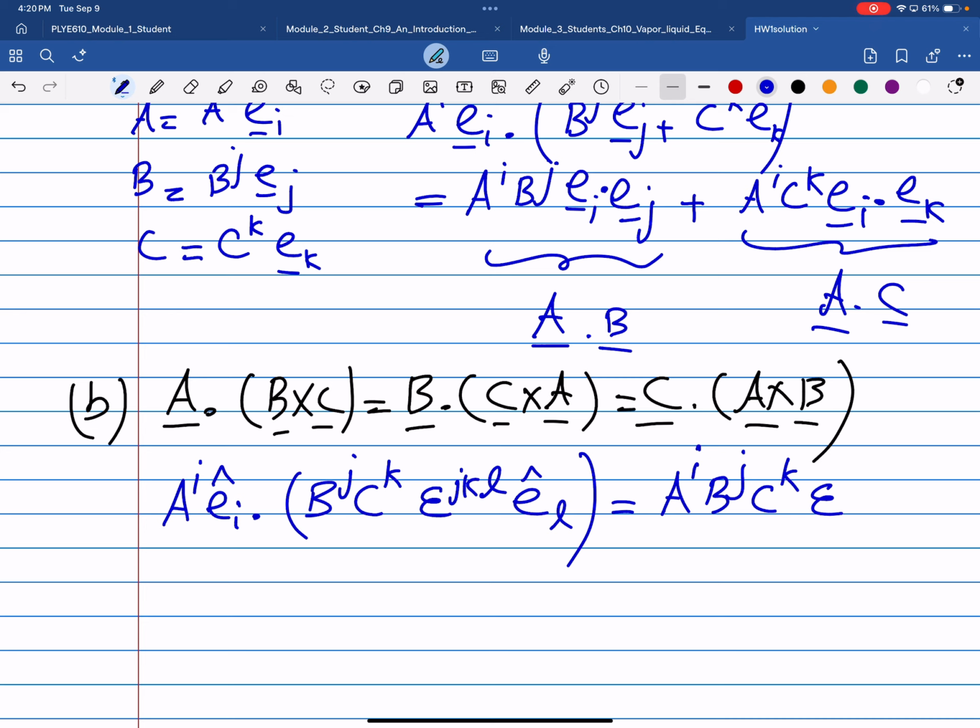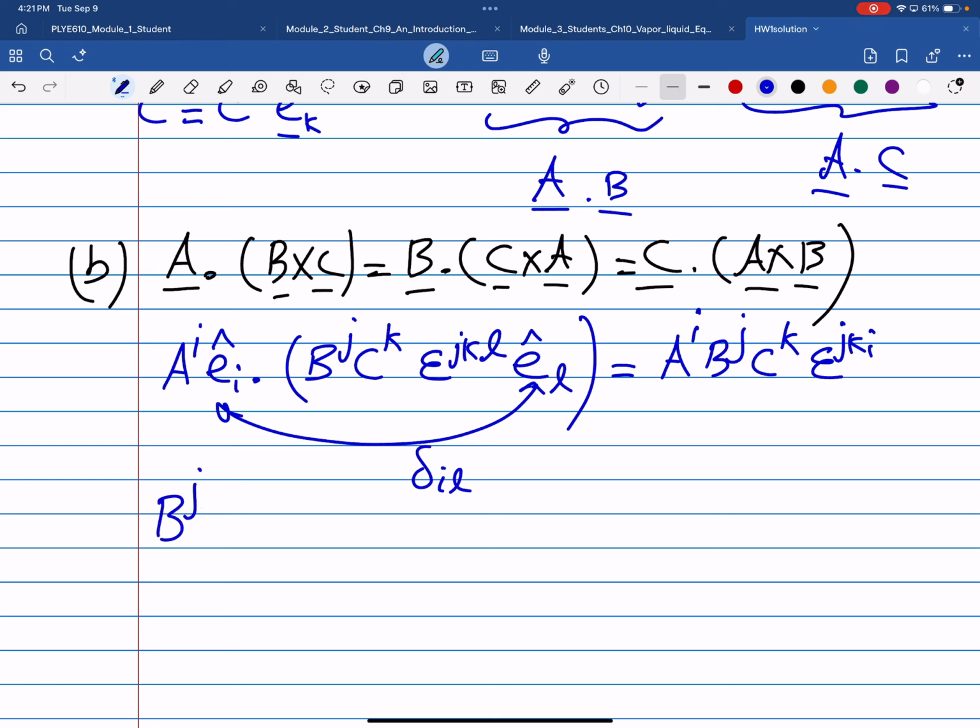The dot product happens between these two, so I'm going to have a delta_il. If I have something like this, I need to have either i or l, I cannot have both. Because you said A_i, it's going to be epsilon_jki. The delta goes away, I applied the delta. So that's the first part.